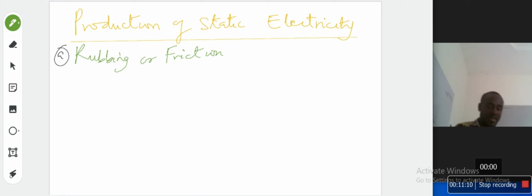Now, what is happening is this. When you are rubbing this thing against your hair, some charges are transferred. Charges are transferred means some electrons can either move from the pen to your hair or from your hair to your pen. Initially, the pen had the same number of protons as electrons, so the pen was originally neutral.